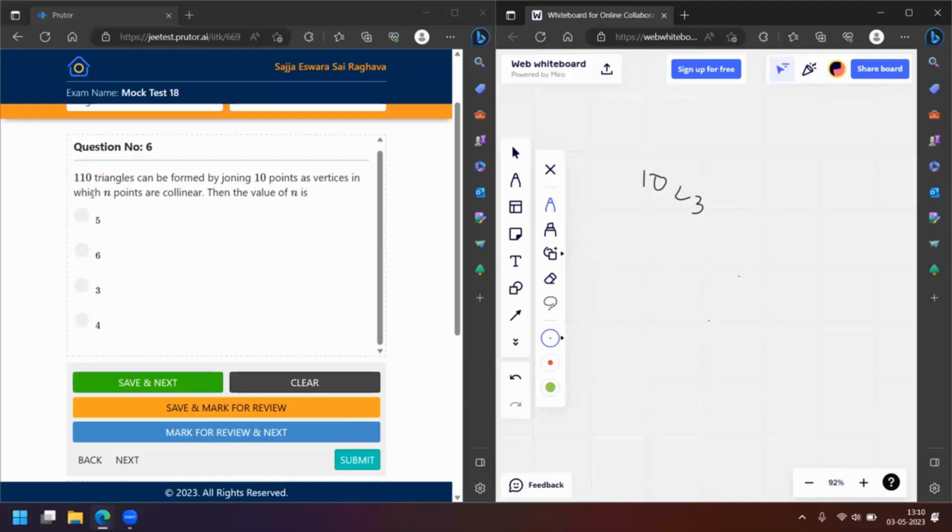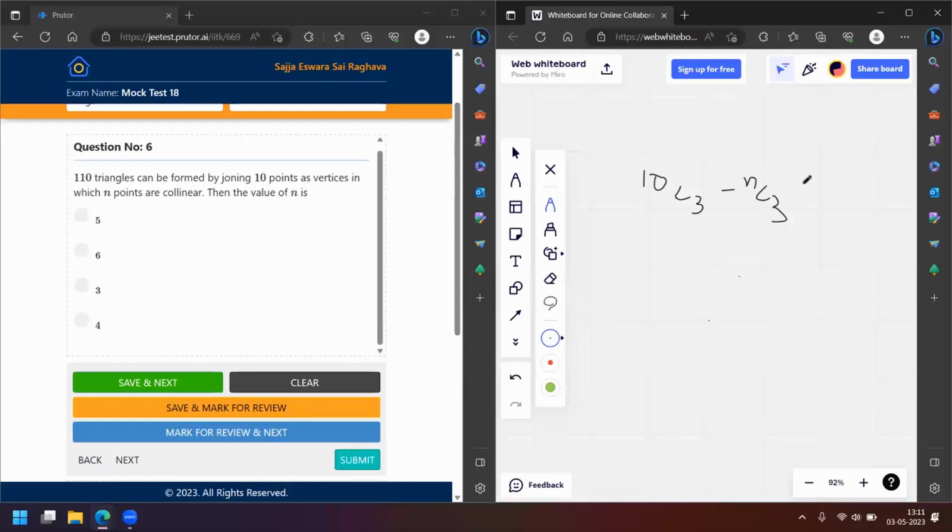Given that 110 triangles are formed, we have to subtract the combinations in which the points are collinear. If you select any 3 points from these n collinear points, they are a valid combination of 3 points, but they are not valid vertices since collinear points cannot form a triangle.